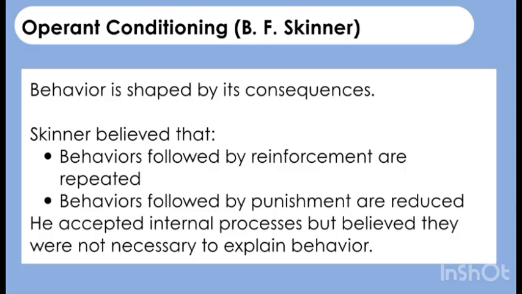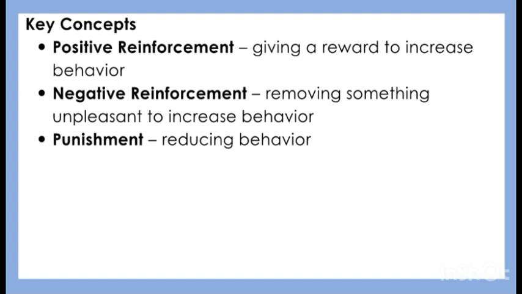Let's say, for example, a child's behavior. Now, if you want that behavior to continue, you have to provide reinforcement. Just like positive reinforcement. We have positive reinforcement, so giving a reward to increase behavior. Negative reinforcement, removing something unpleasant to increase behavior, and punishment, reducing behavior.